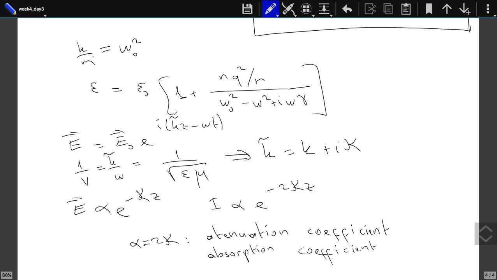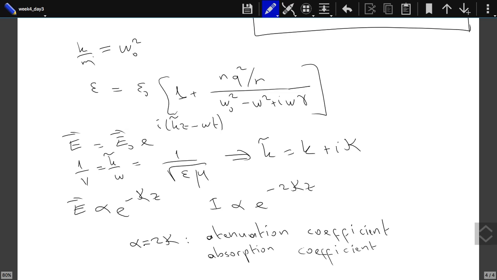So it will be absorbed. It's given the name alpha. Of course, it depends on the frequency. So if you are close to a resonance, that alpha will be large. So all the wave you send will be absorbed, so nothing will go through.